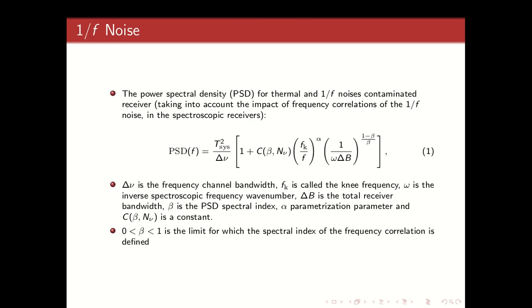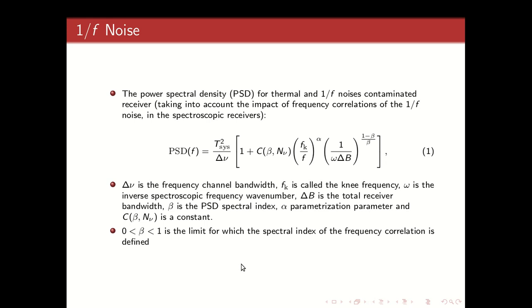Most importantly, 1/f noise is of particular interest, and the power spectral density, or PSD, for a thermal and 1/f noise contaminated receiver is given by this equation here. The spectral index of the frequency correlation, that is the value of beta, has the following interpretation.